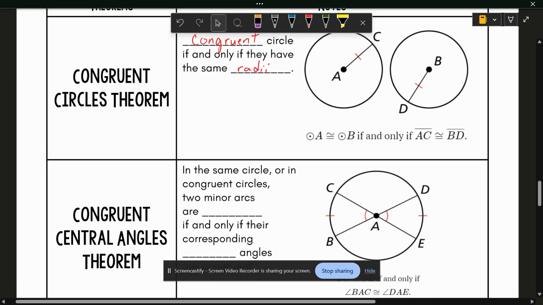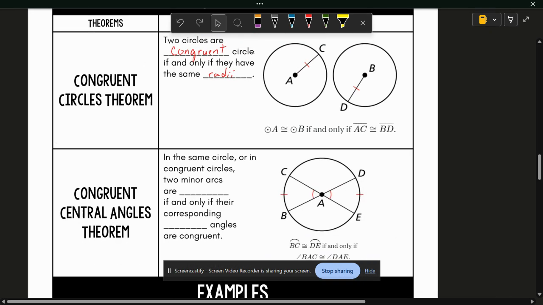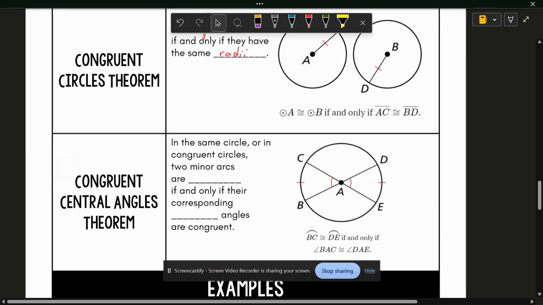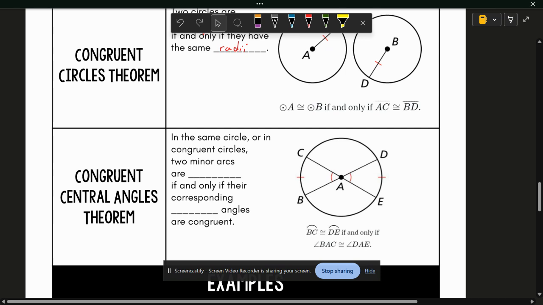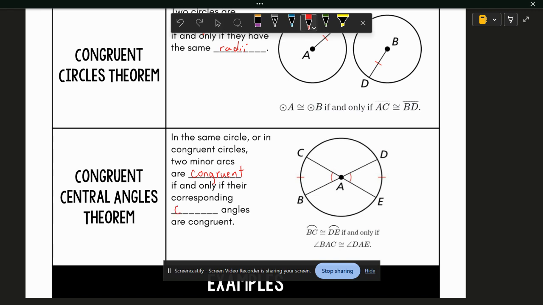We also have the congruent central angle theorem. So in the same circle, or in congruent circles, two minor arcs are congruent if and only if their corresponding central angles are congruent.